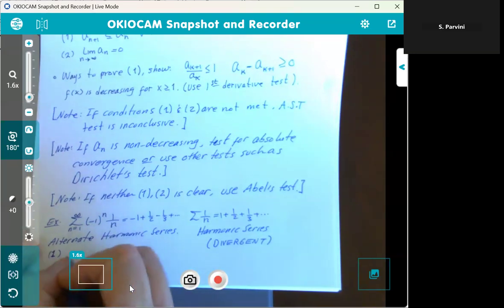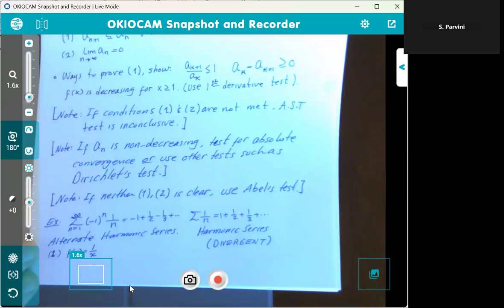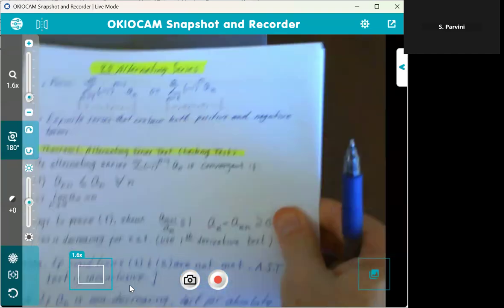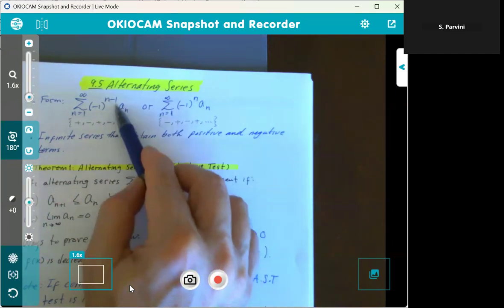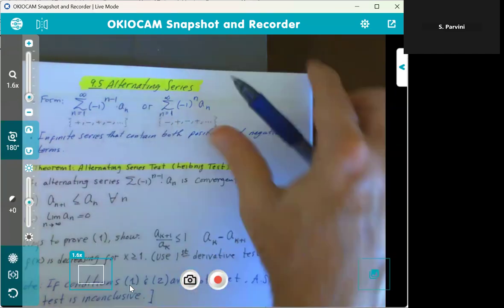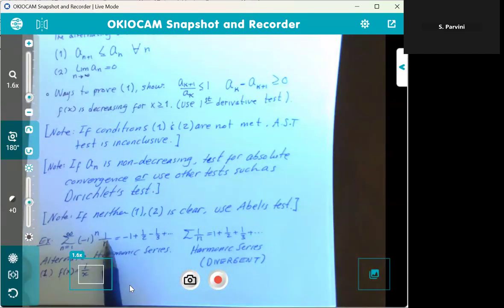The continuous version of the form f of x is going to be 1 over x. Now, it's important to note that in this series, the a sub n in the general form is the actual function that we work with. So the actual function here is the harmonic 1 over n. The negative 1 to the n simply causes the terms to alternate in sign.